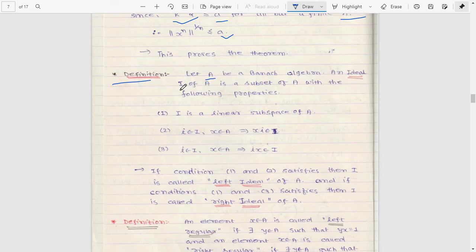An ideal I of A is a subset of A with the following properties satisfied. First, I is a linear subspace of A. Second, i belongs to I and x belongs to A implies x into i belongs to I. Third, i belongs to I and x belongs to A implies i into x belongs to I. If the first and second conditions are satisfied, then I is called a left ideal, and if the first and third conditions are satisfied, then I is called a right ideal of A.